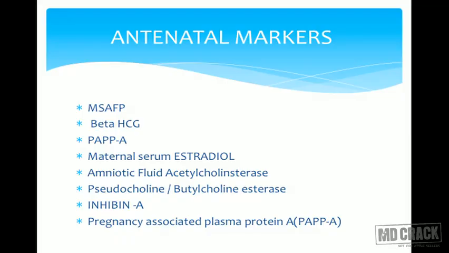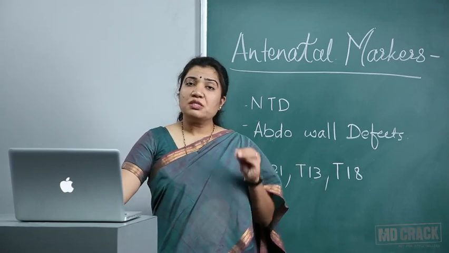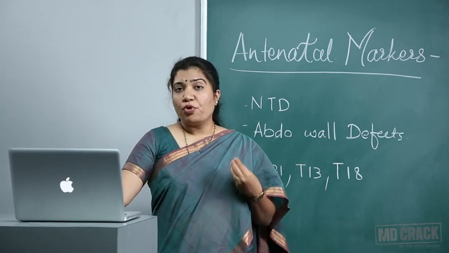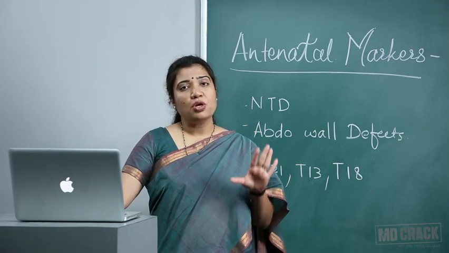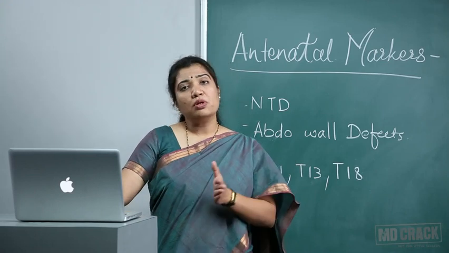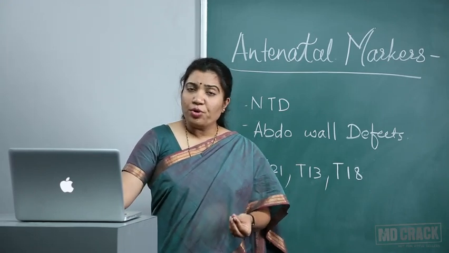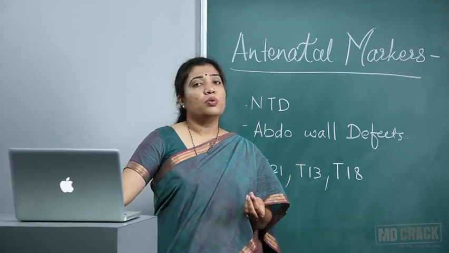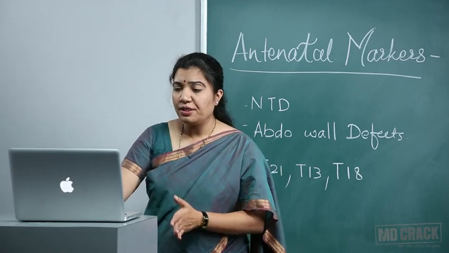What are the antenatal markers for this screening test? Maternal serum alpha fetoprotein level. This is such an important thing from the exam point of view that you have to remember each and every reason for increase or decrease of maternal serum alpha fetoprotein, MSAFP. It's a very important marker. It tells us about neural tube defects, abdominal wall defects. We are going to see it in detail.